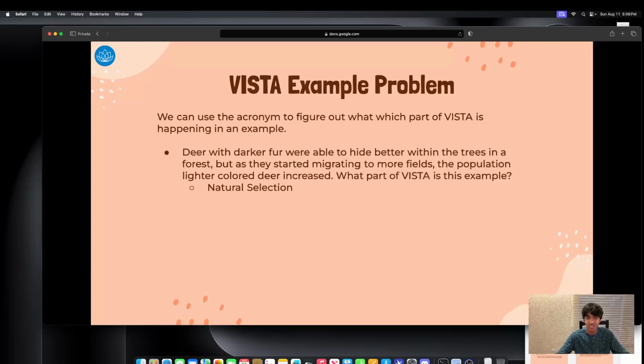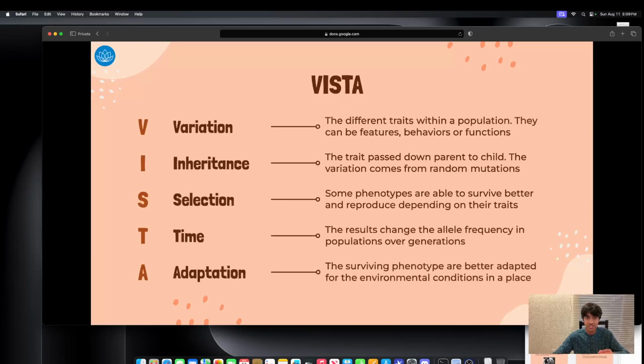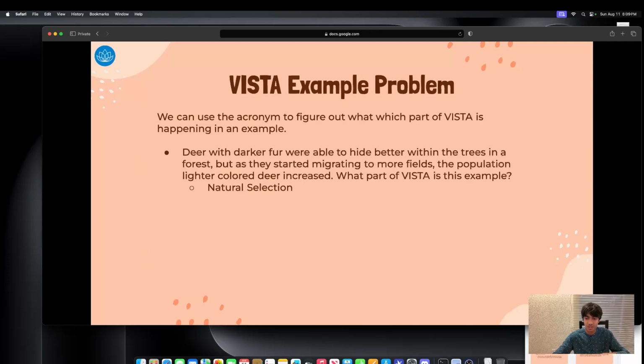Since the lighter color of the deer increased, that means that over time the positive allele went up, and the darker allele was going down, because the tigers or whatever predators were able to hunt the darker ones. The ones that had lighter fur within the group started surviving more in those areas because the tigers could not hunt them, right?